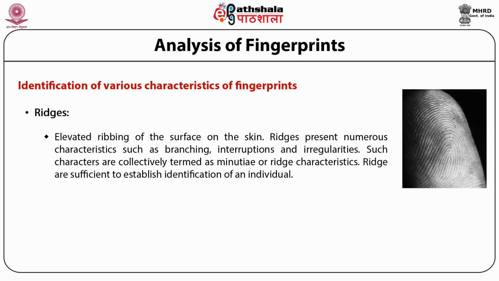Nowadays, various studies have been carried out on sweat pores, as the variation they embrace in a unit area in terms of their pattern of distribution, the spacing between successive pores, and alignment with reference to the axis of the ridge are sufficient to establish identification of an individual. The diagram is showing you the ridges on the fingers.